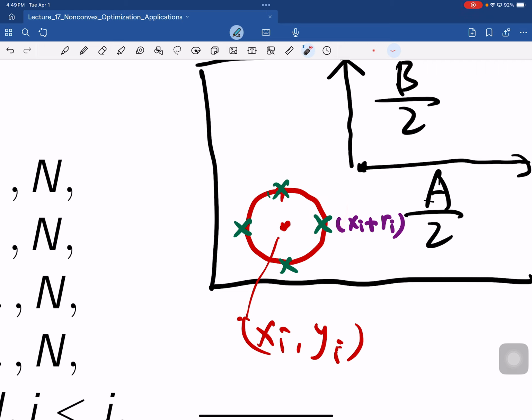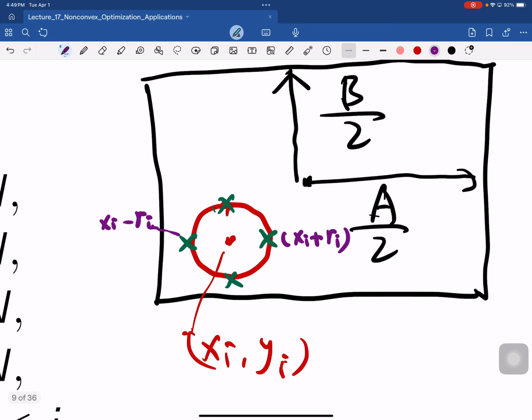And the x coordinate of this particular point is xi minus ri, right? So as long as these right and left points stay within the rectangle, then at least we do not violate the width constraint, right? The height constraint still may be violated. So how do we specify these 2 points are within the rectangle?